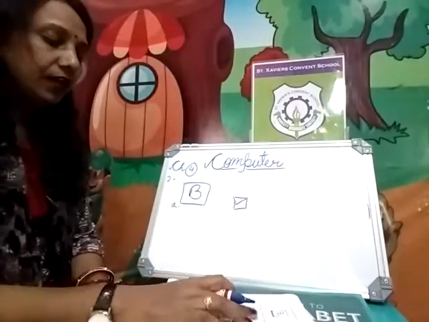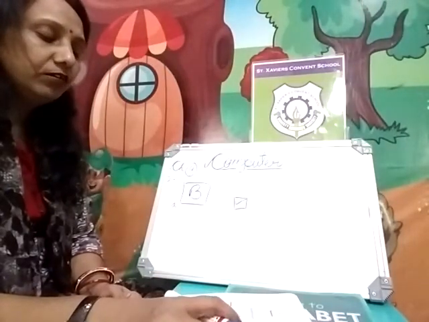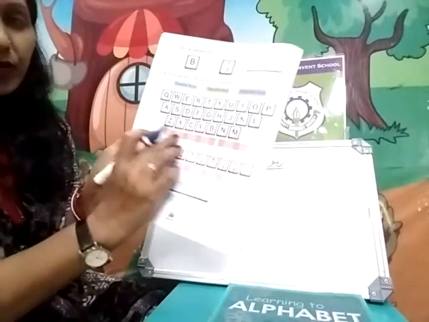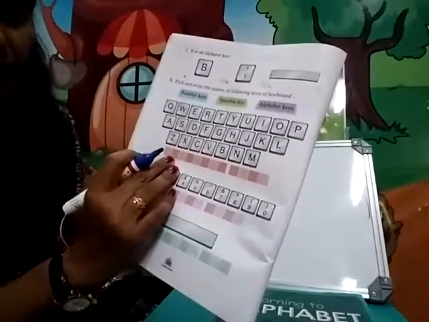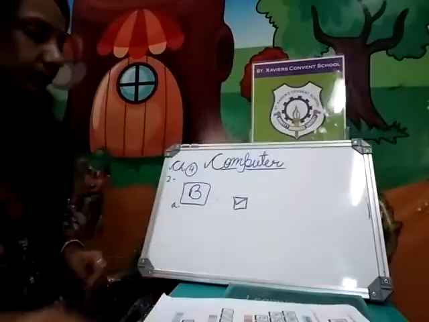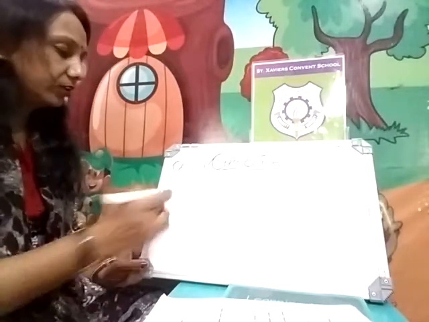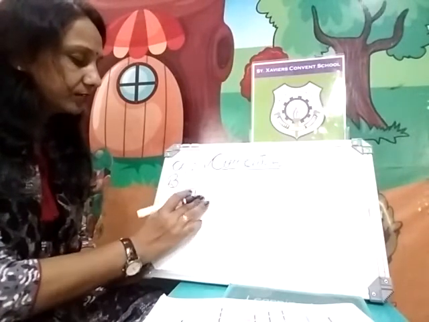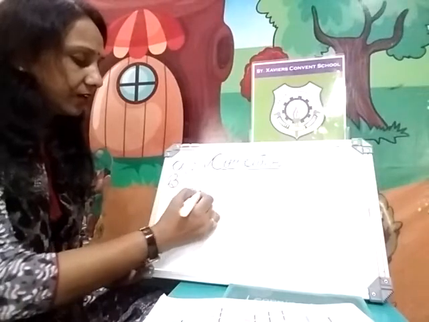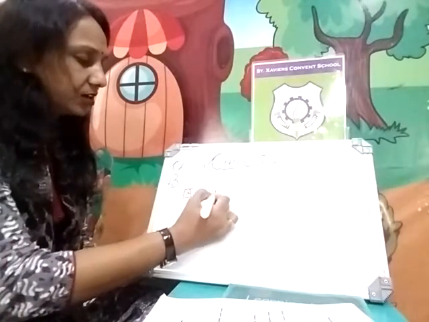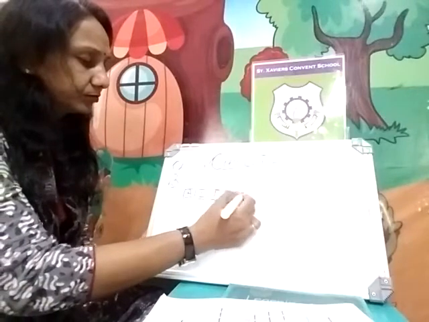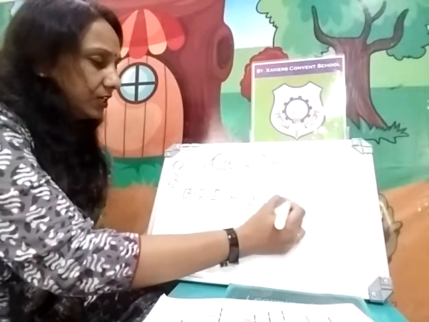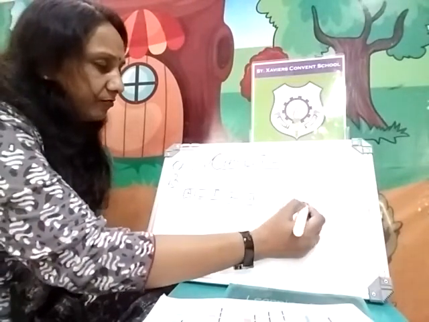Now, pick and write the names of the following keys on the keyboard. Here blocks are there. First you write for these alphabets. What will you write there? Alphabet keys. Exercise B. Here you write A, L, P, H, A, B, E, T, alphabet.